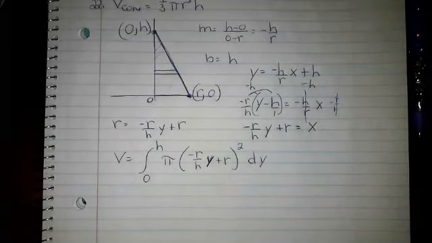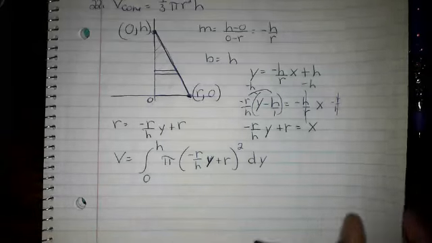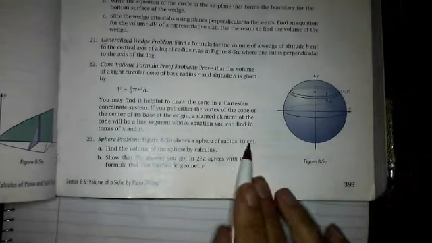Okay, next one is 23. 23 and 24 go hand in hand. 23 says, figure 850 shows a sphere of radius 10.